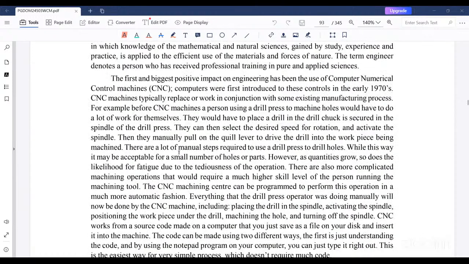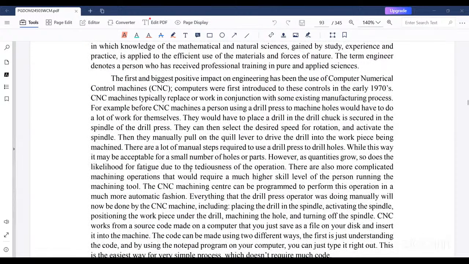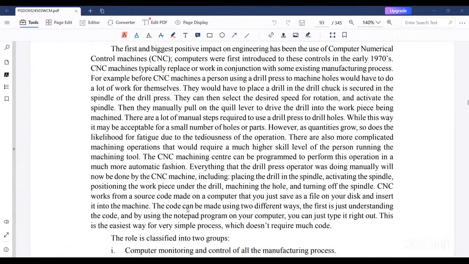The term engineer denotes a person who has received professional training in pure and applied sciences. The first and biggest positive impact on engineering has been the use of numerical control machines. These were first introduced in the 1970s, used to replace or work in conjunction with some existing manufacturing processes.